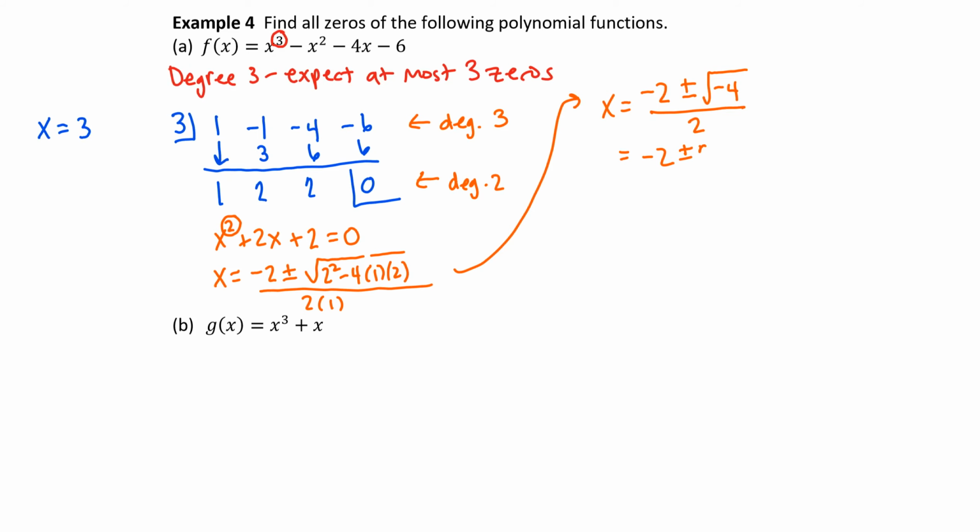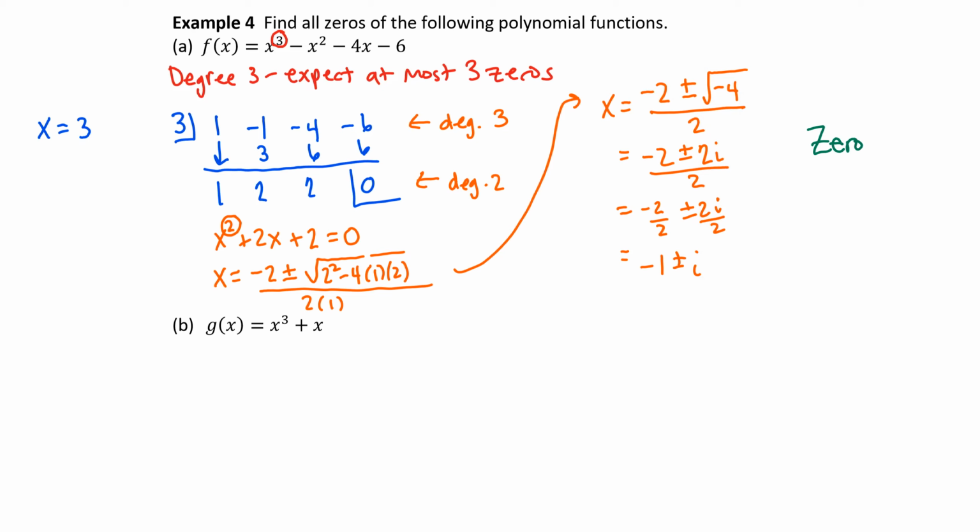You remember how to simplify that? The square root of 4 is 2, and we use i to represent the negative under the radical. So splitting up our fraction here in order to reduce properly, we end up with negative 1 plus or minus i. Those are the other 2 remaining zeros, and notice their nature is complex or imaginary.